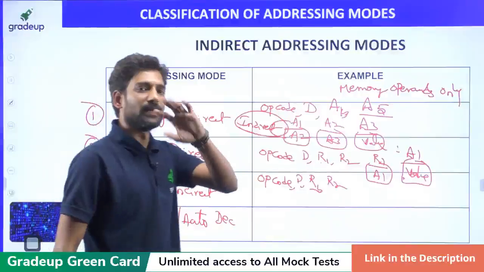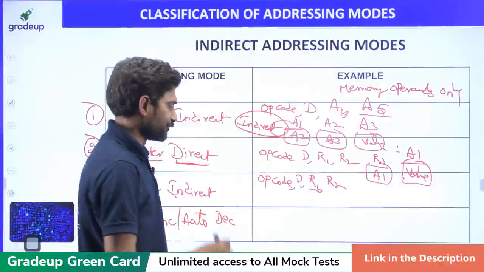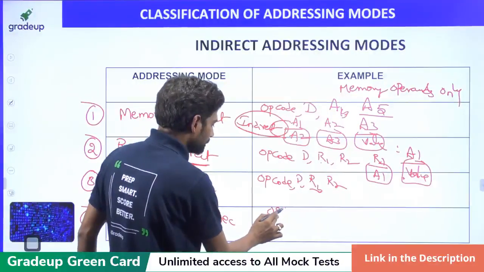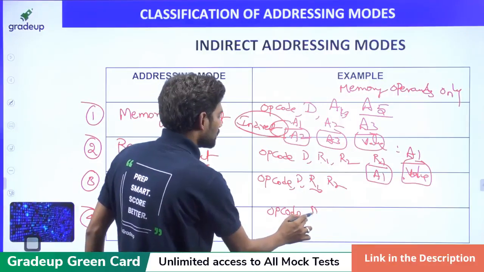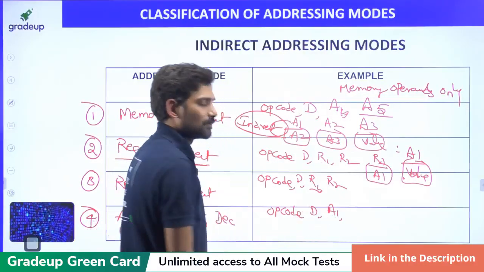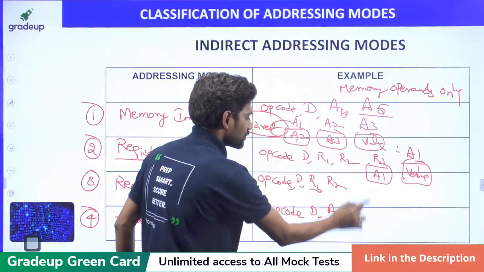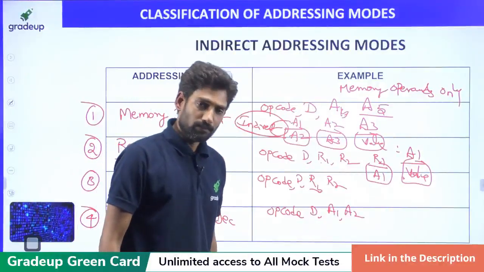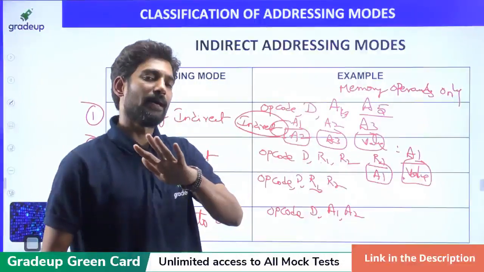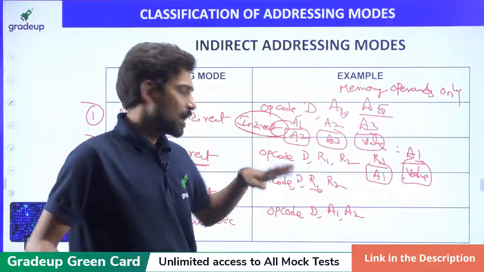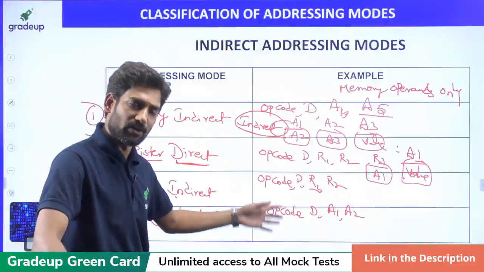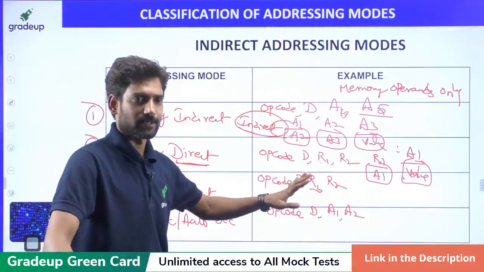What is auto increment or auto decrement? Please listen carefully. I am writing some address as the source. So, what should be the operands? Memory operands. Auto increment or auto decrement supports memory operands.